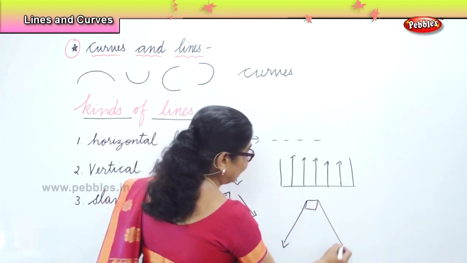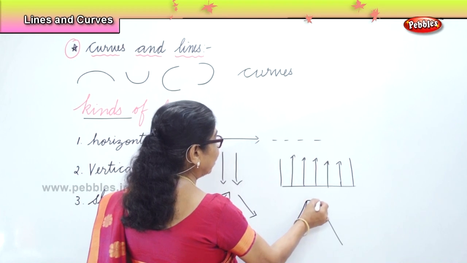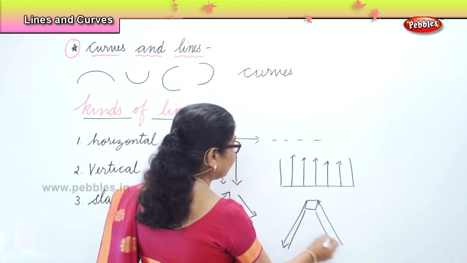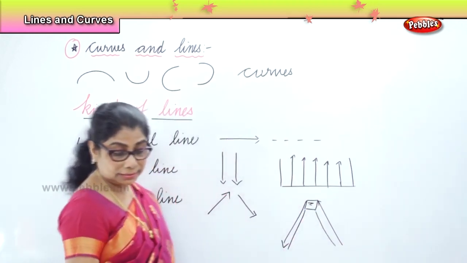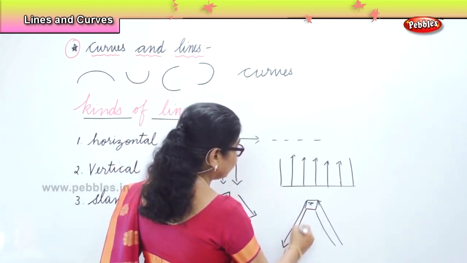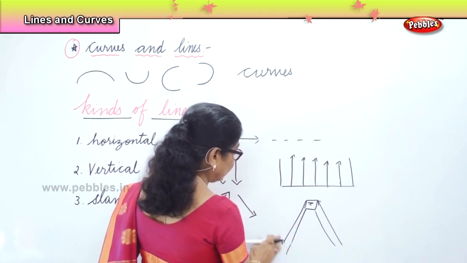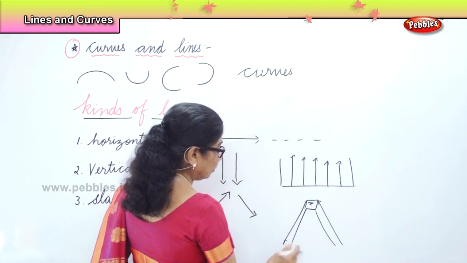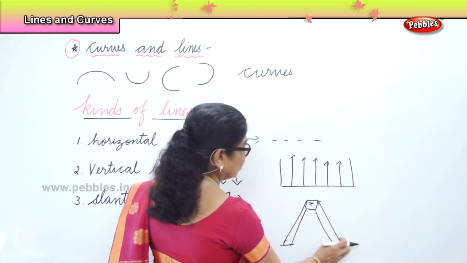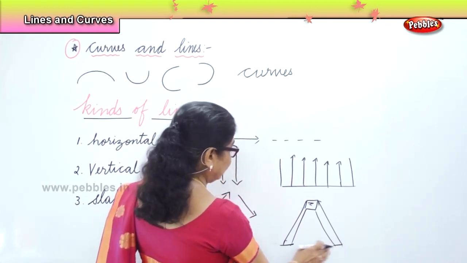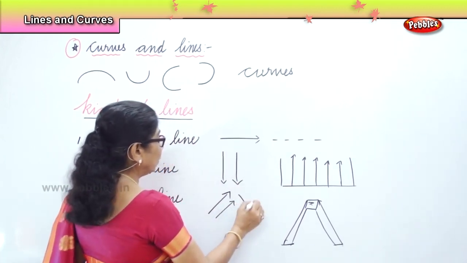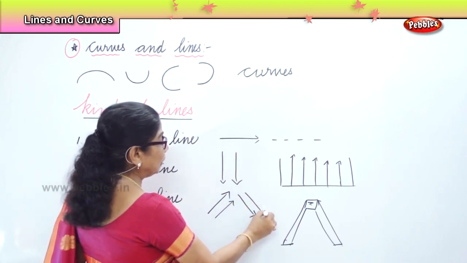You have lines coming down, going up like this. So we have ladders going up, lines going up, lines coming down.